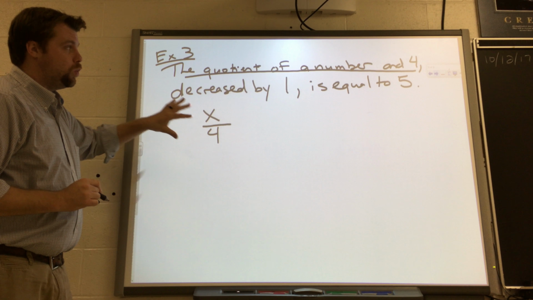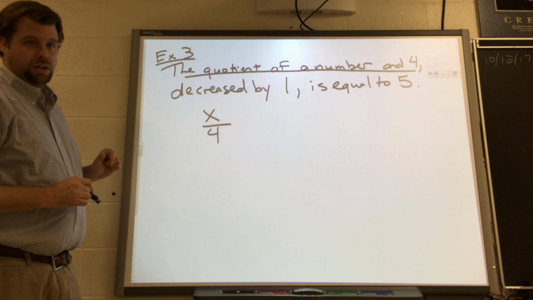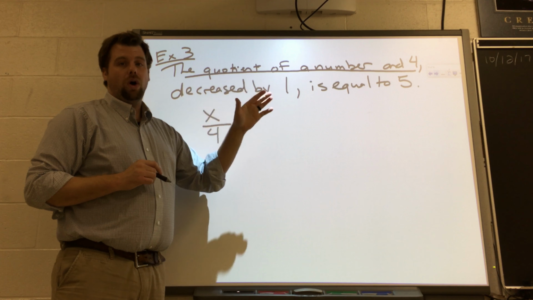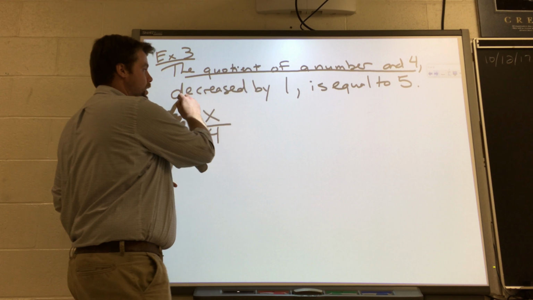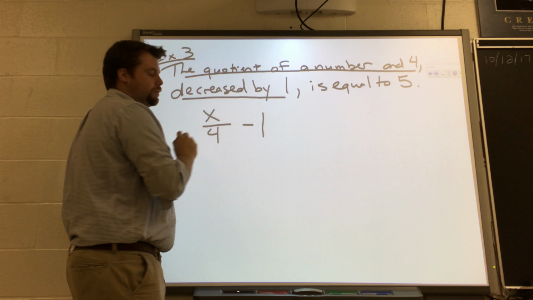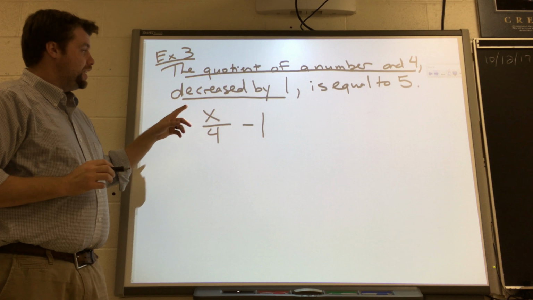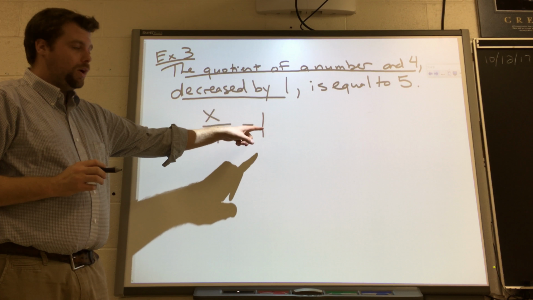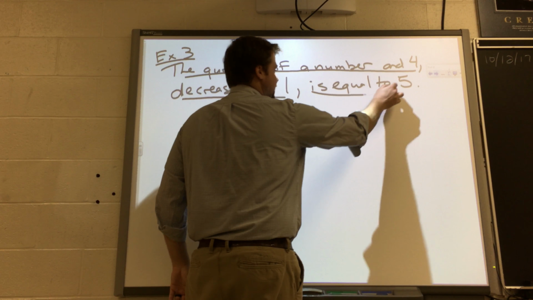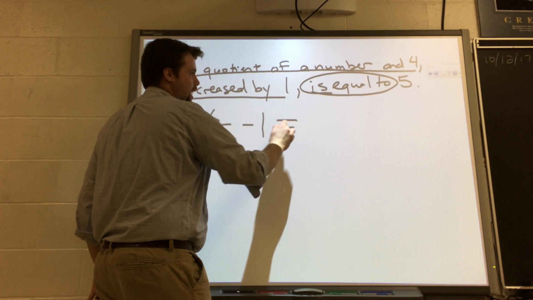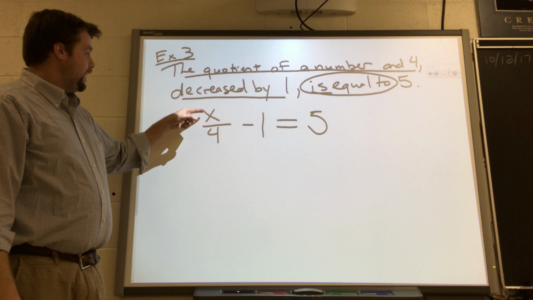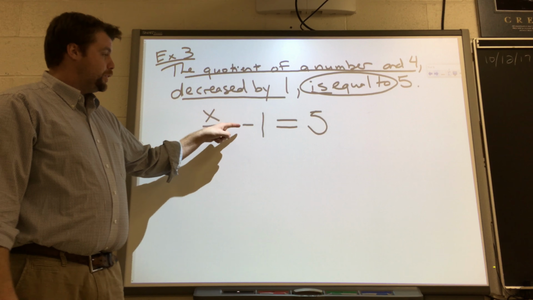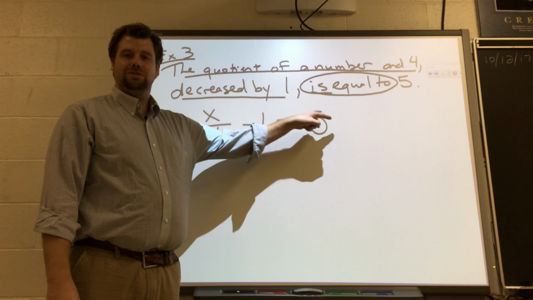This represents the quotient of a number and 4. Decreased by 1. This quotient is now being decreased by 1. Subtract 1 from it. The quotient of a number and 4 decreased by 1 is equal to, there's your equal sign, 5.